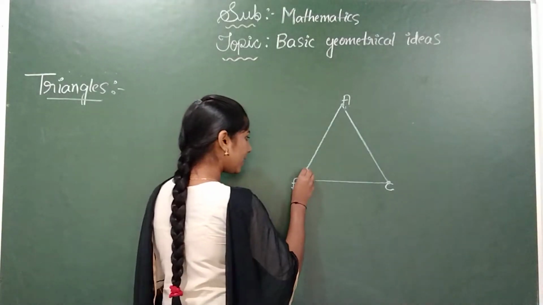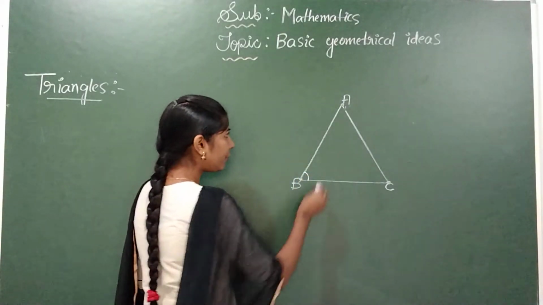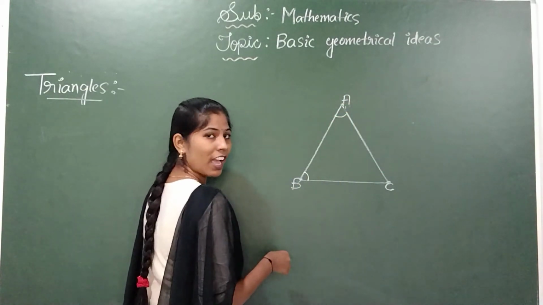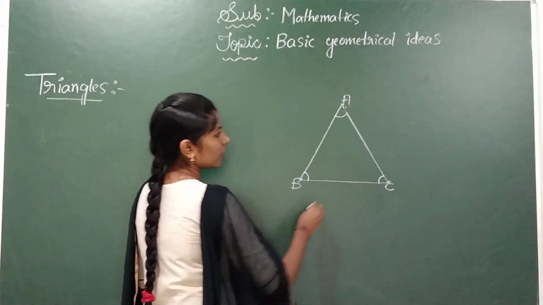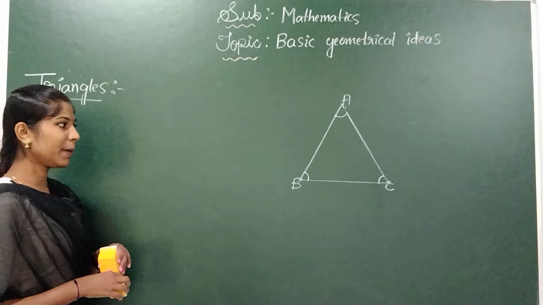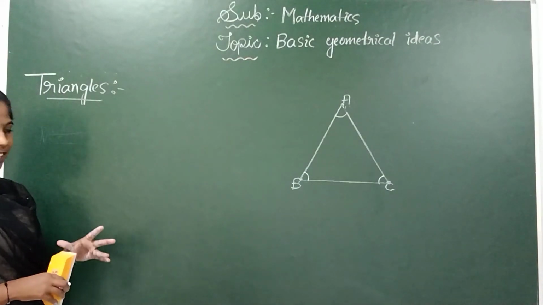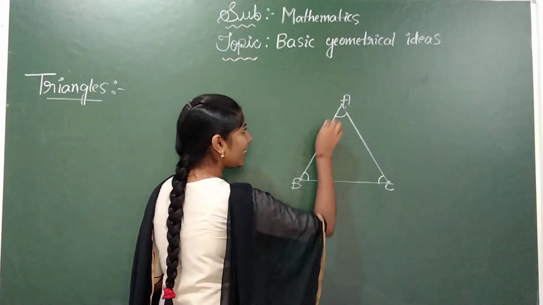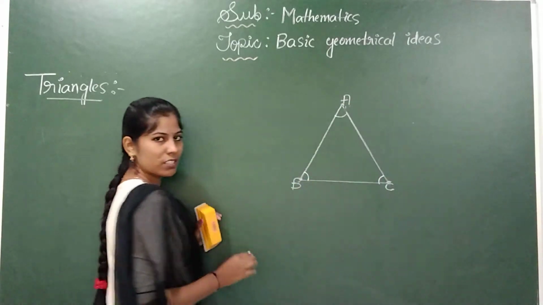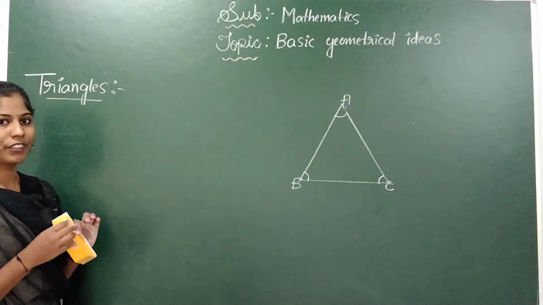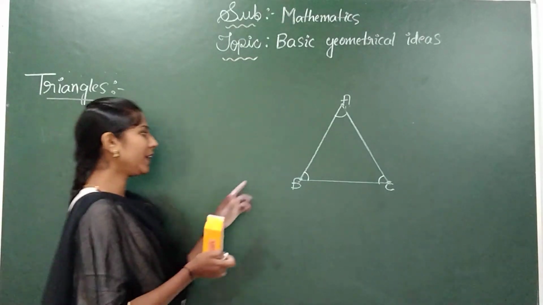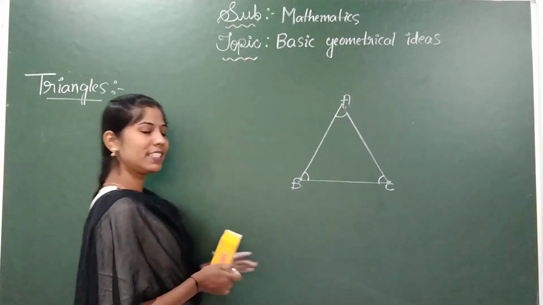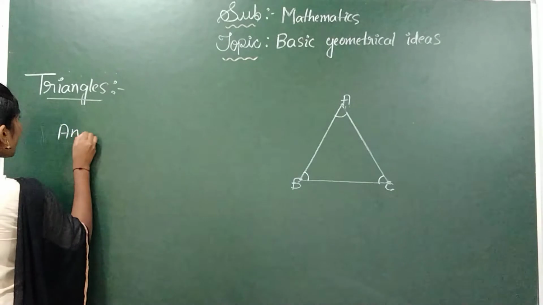Where the angle is formed, they form an angle at B. If the rays start from here, AB and AC, this is an angle, and another angle is at C. So how many angles are there for the triangle ABC? You can also call it triangle BAC, CBA or ACB. So what are the angles of this triangle? Angle B, angle A, angle C. You can write it as an angle. So what are the angles?